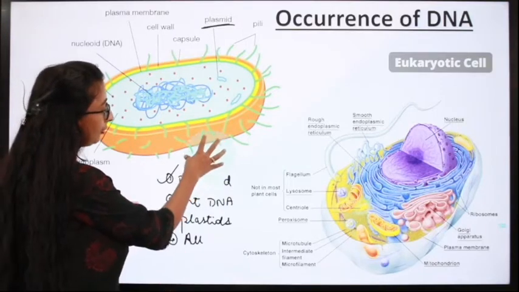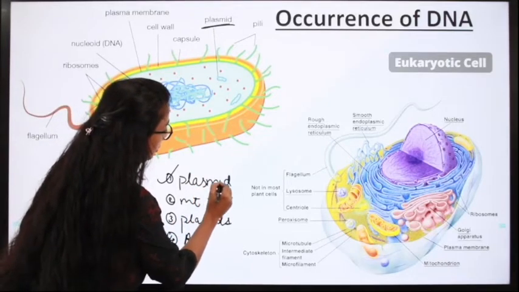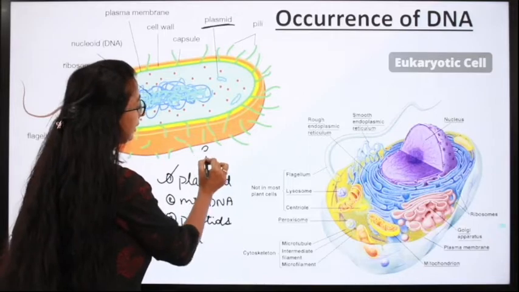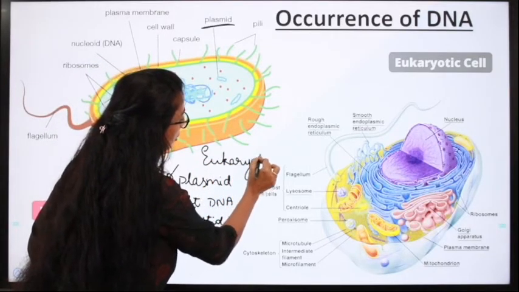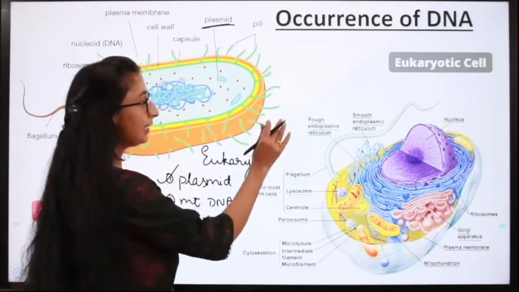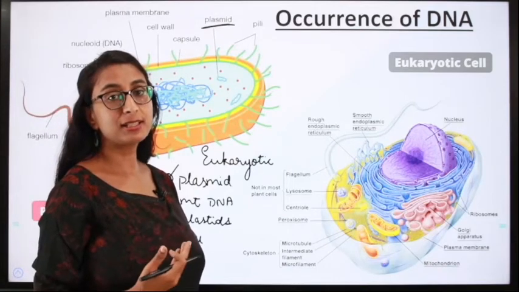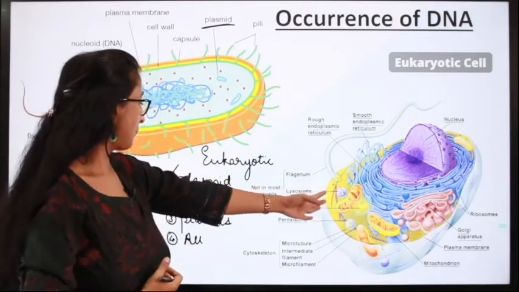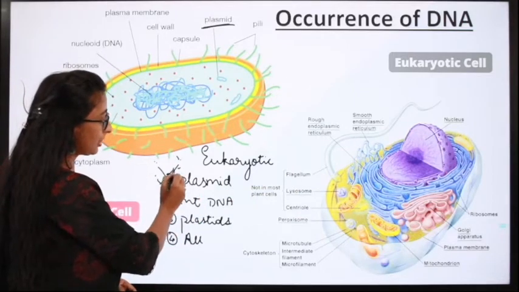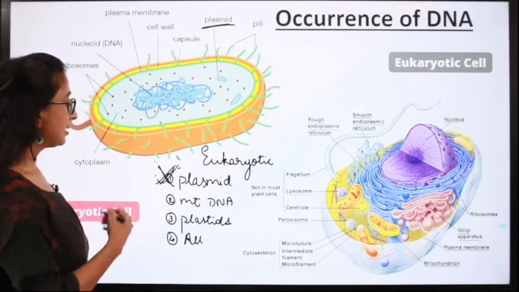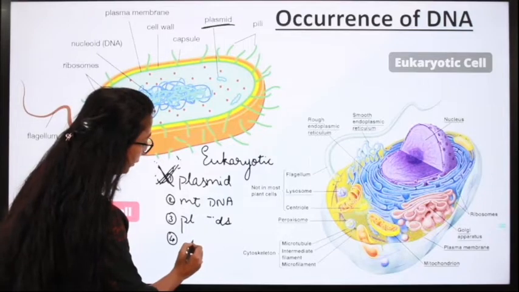Instead of prokaryotic cell, if they are asking about extra chromosomal DNA that is present in a eukaryotic cell, what will be the answer? It cannot be plasmid because plasmids are present only in prokaryotic cells. So here the right answer can be, say the 4th option is both 2 and 3.